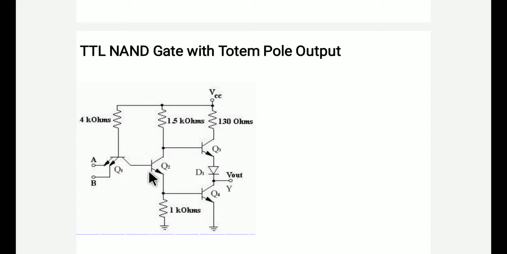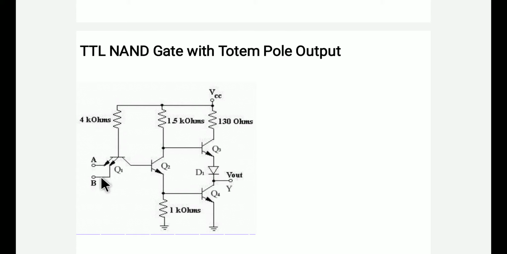Q2 is cut off, hence Q4 goes into cutoff. Q3 base is high. Q3 acts as an emitter follower. The output is near VCC, so the output Y is high.